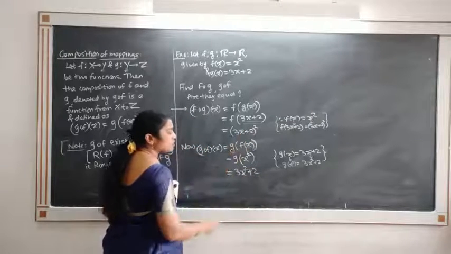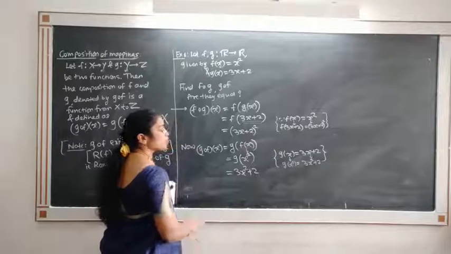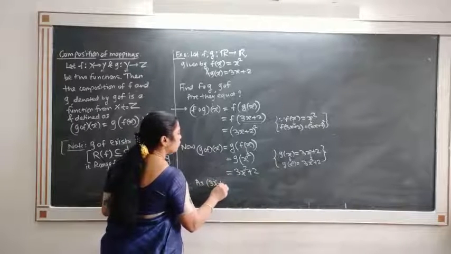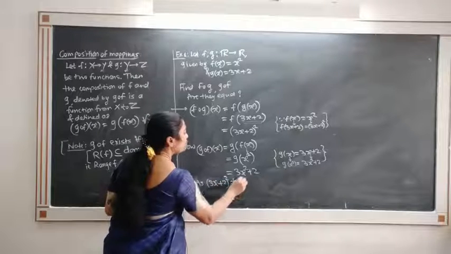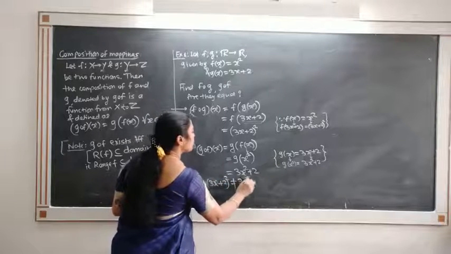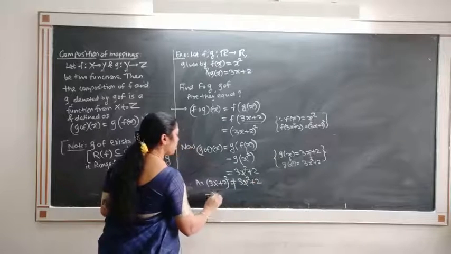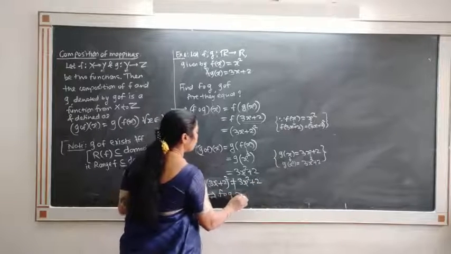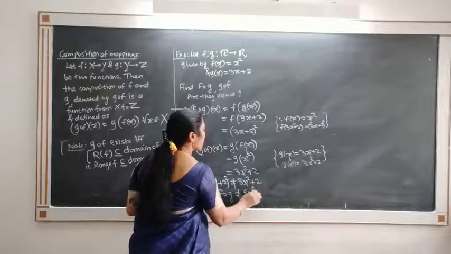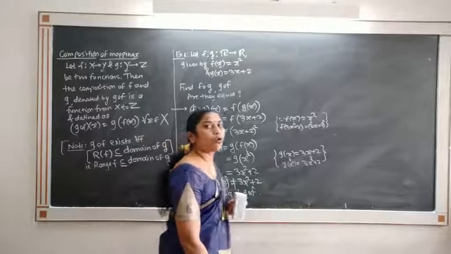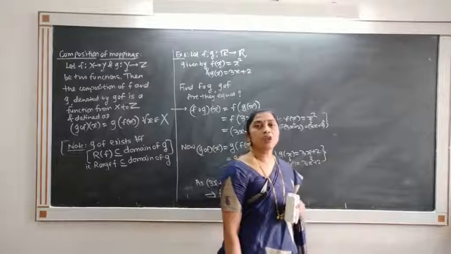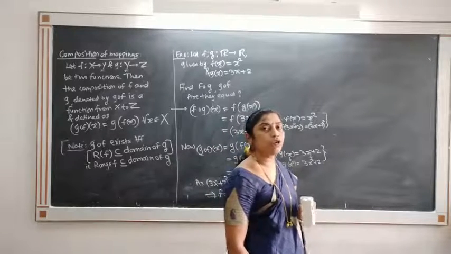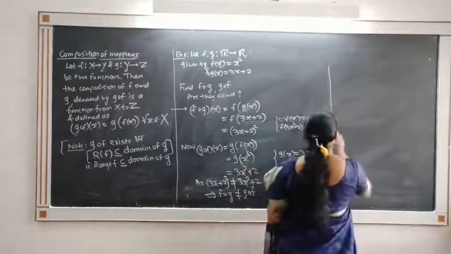(3x plus 2) whole square is not equal to 3x square plus 2. This implies that f composite g is not equal to g composite f. It means that the composition of mappings is not commutative. f composite g is not equal to g composite f in general.